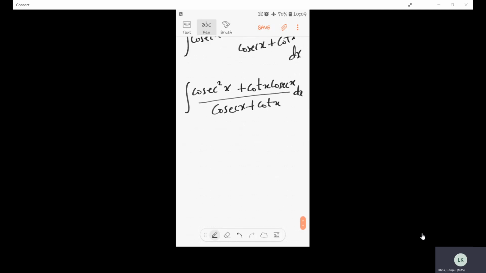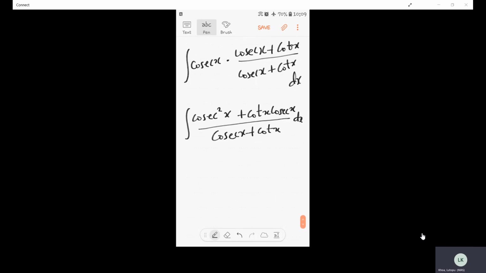Okay, then if we look at the numerator and the denominator, when I differentiate cosec x, I get negative cot x cosec x. And when I differentiate cot x, I get negative cosec squared x.